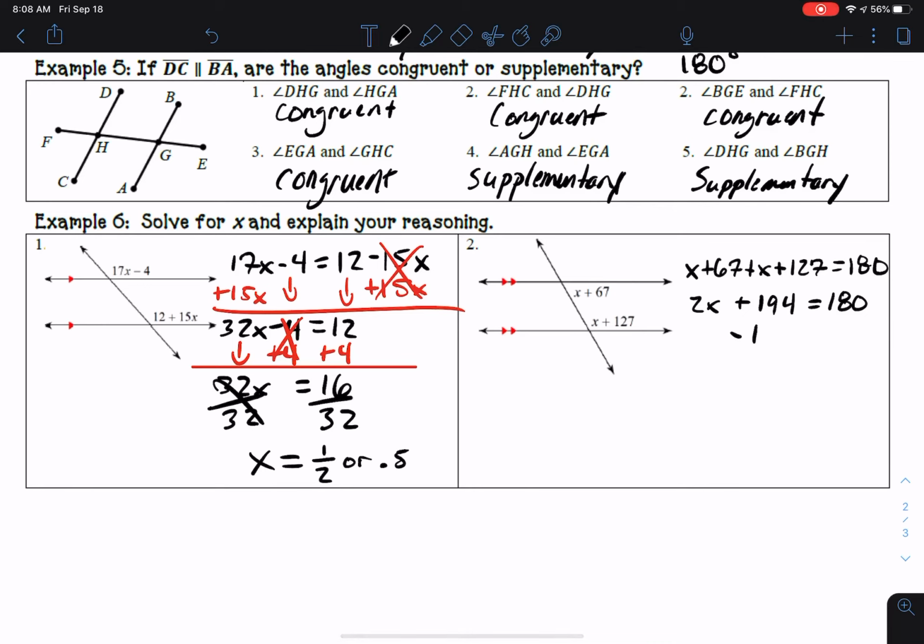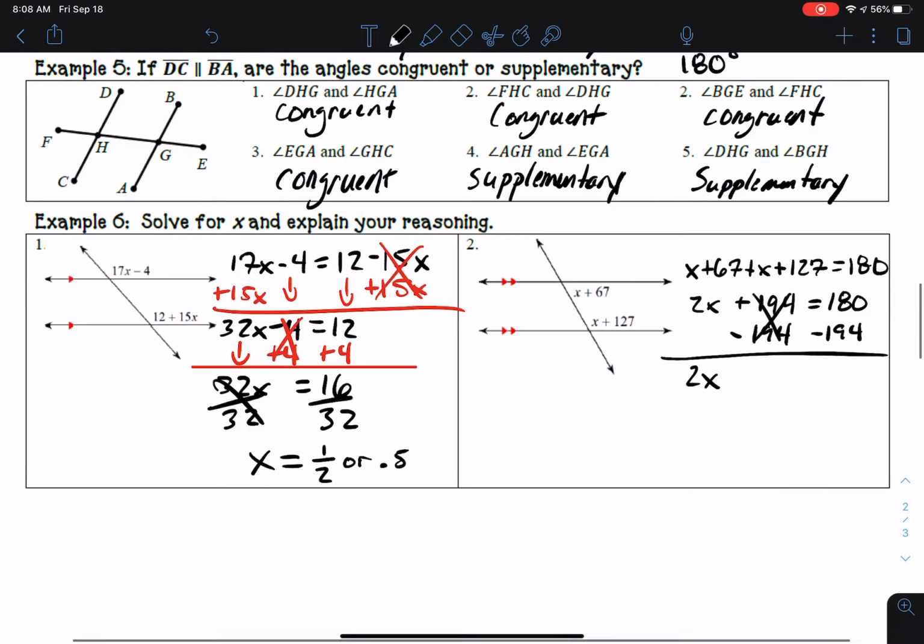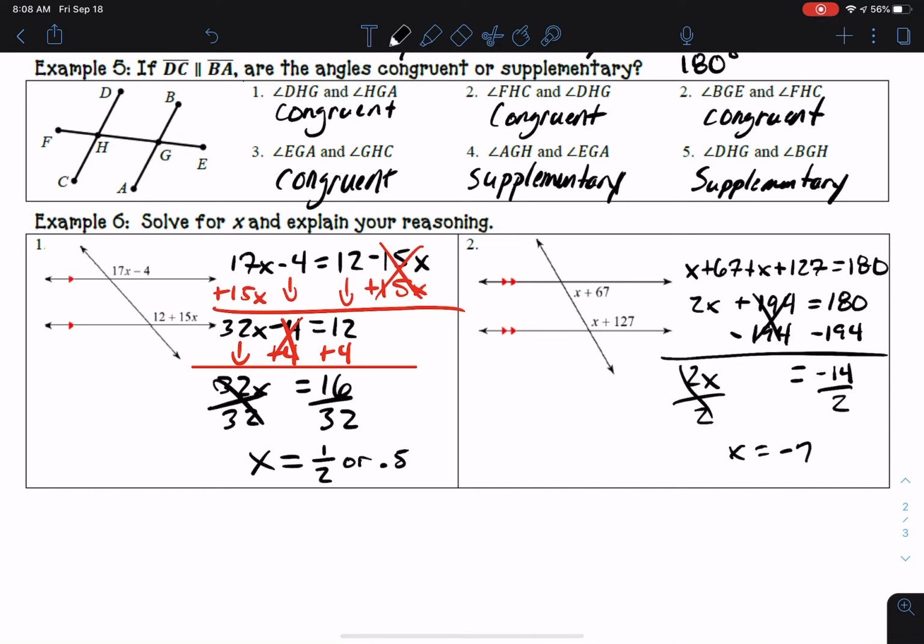All right, so subtract 194, subtract 194. 2x comes down, and you do 180 minus 194, and you get negative 14. Last step, divide by 2, and you get x is equal to negative 7. So x is negative 7 in this case.